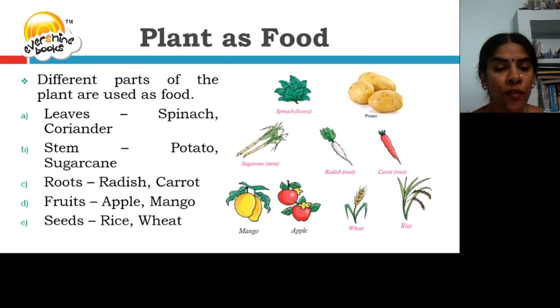The roots of some plants like radish, carrot can be used as food. Fruits such as apple, mango, strawberry, any fruits you can mention can be taken as food. Seeds, rice, wheat, etc. can be used as food.